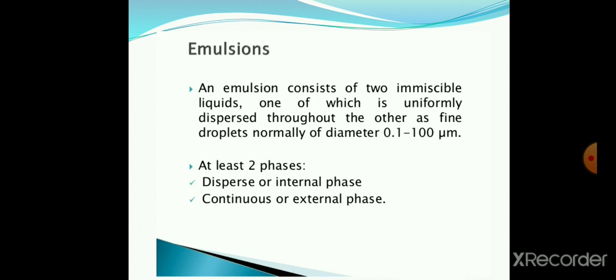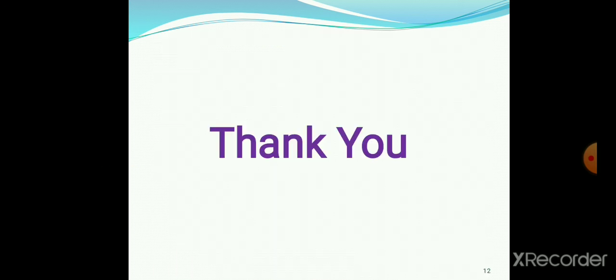An emulsion has at least two phases, the dispersed or internal phase, and the continuous or external phase.